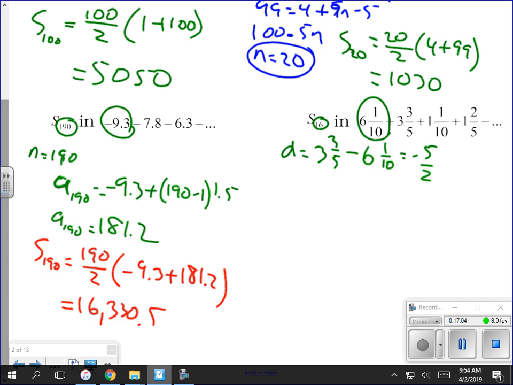You hit the fraction button twice between the three parts. So when I did the 3 and 3/5, I hit 3, fraction button, 3, fraction button, 5, and it comes up 3 and 3/5. Okay, did you understand that?